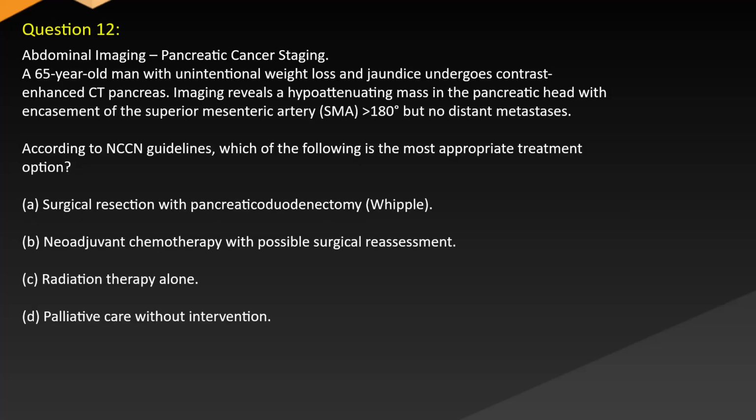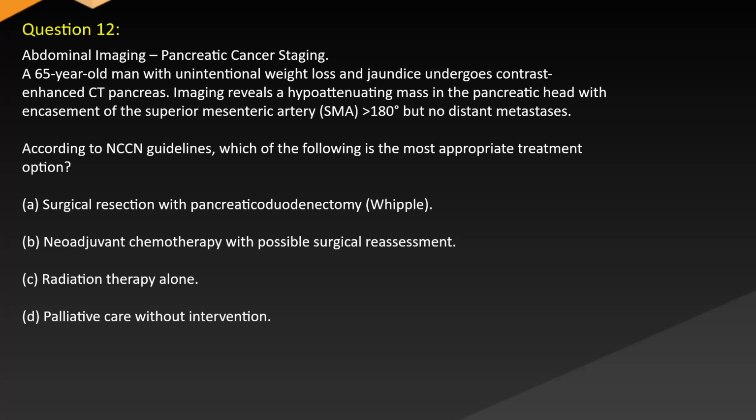Question 12. Abdominal imaging. Pancreatic cancer staging. A 65-year-old man with unintentional weight loss and jaundice undergoes contrast-enhanced CT of the pancreas. Imaging reveals a hypoattenuating mass in the pancreatic head with encasement of the superior mesenteric artery, SMA greater than 180 degrees, but no distant metastasis. According to NCCN guidelines, which of the following is the most appropriate treatment option?